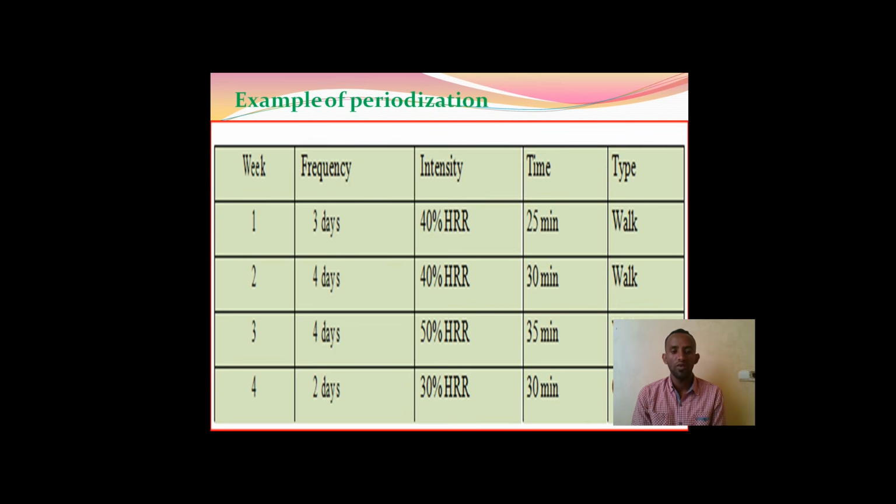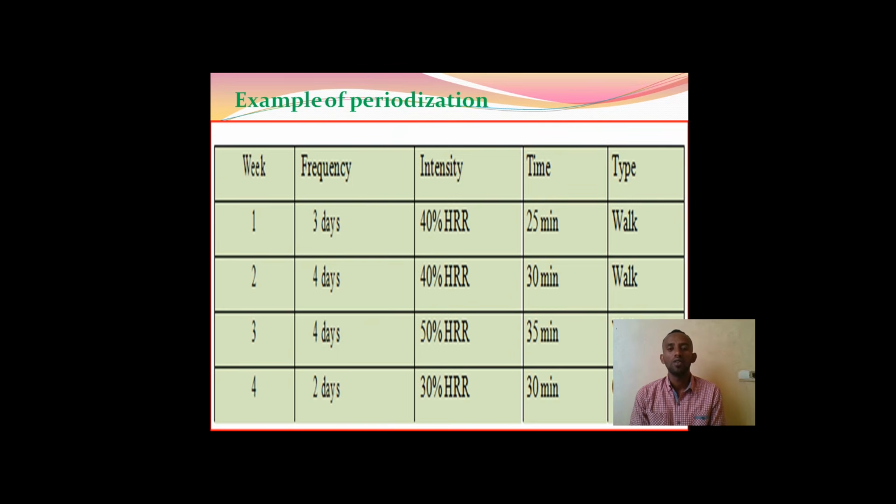In week 4, 2 days per week, so there is a reduction in the frequency or repetition, and also a reduction in intensity, to 30% from the initial. Again, the time is 30 minutes. There is a reduction in time also, and the type of exercise is other.